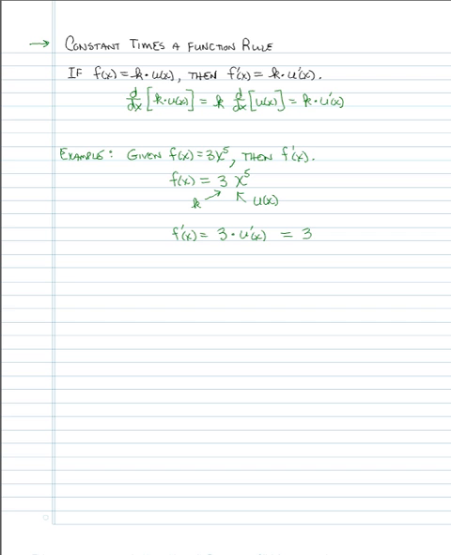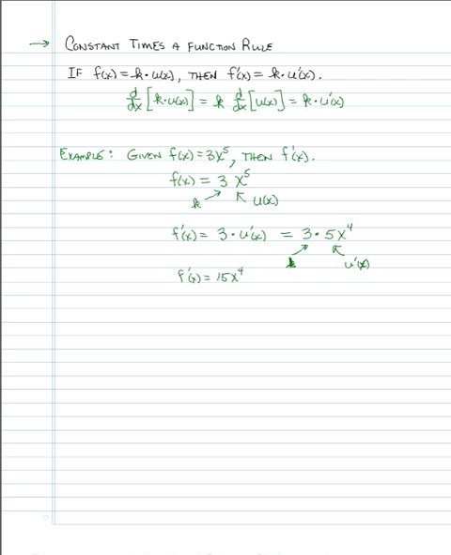So we have our constant 3, and then we calculate the derivative of u, where we bring down that exponent 5 and put the new exponent 4 on x. So there's the k, and there is the derivative of u. Together, f prime of x ends up being 15x to the 4th power.